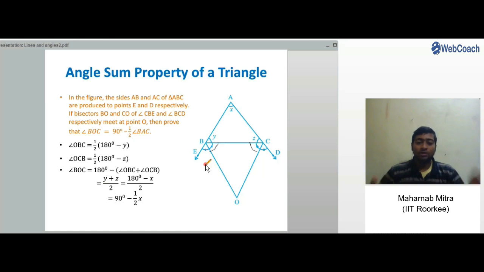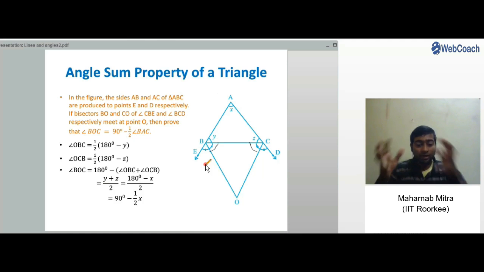And you can see these two bisected angles, when added up and subtracted from 180 degree, must give us the value of the third angle, which is angle O, right? So we get the value of angle O as 180 degree minus angle OBC and angle OCB.